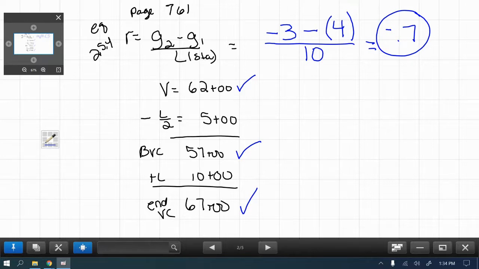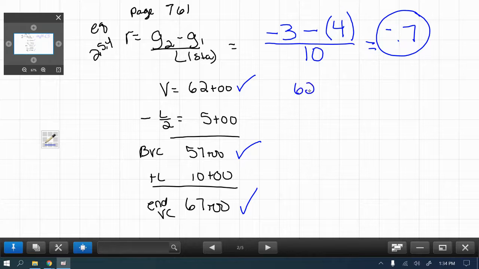So on your vertical curve test, this one just happens to work out that the begin vertical curve and end vertical curve were even stations, which is great. But a lot of times they don't work out to be even stations, so pay attention to that.